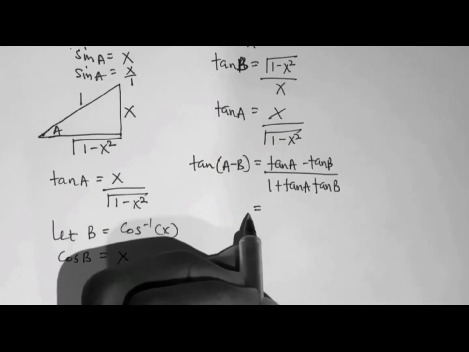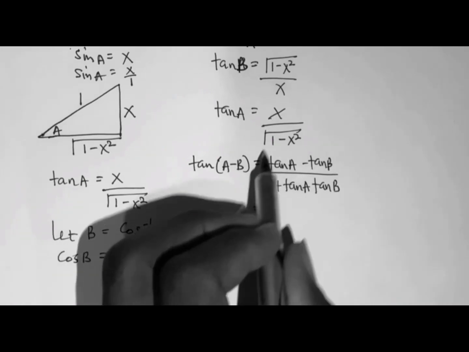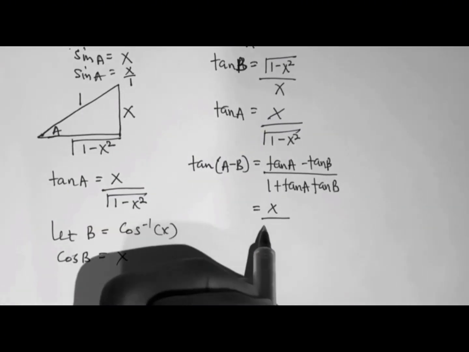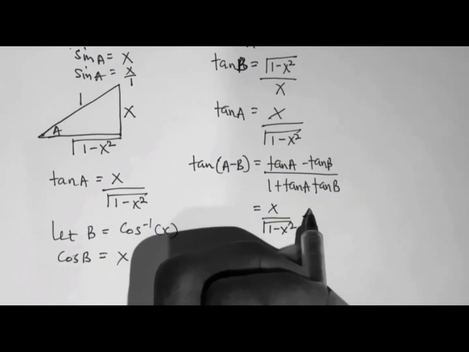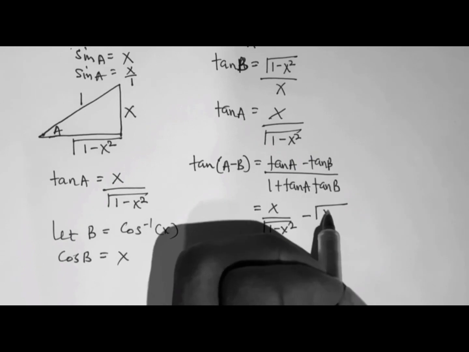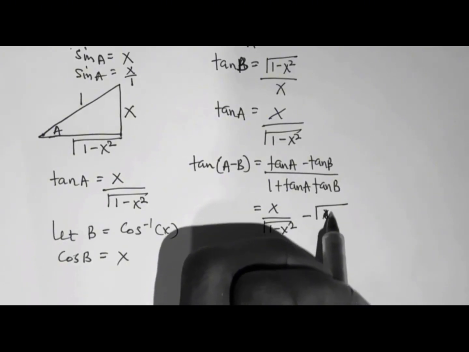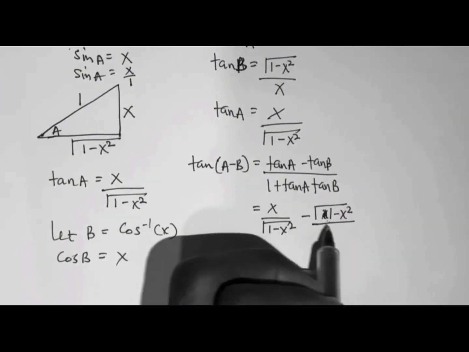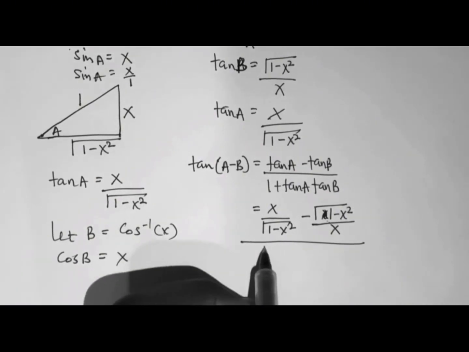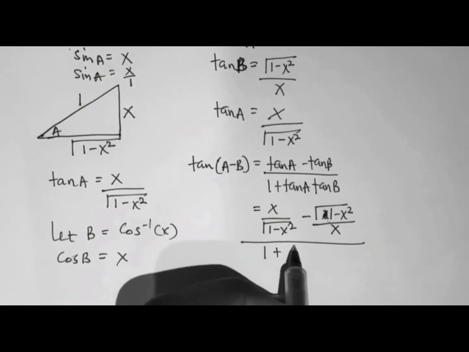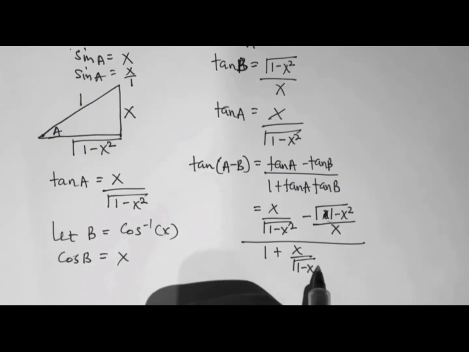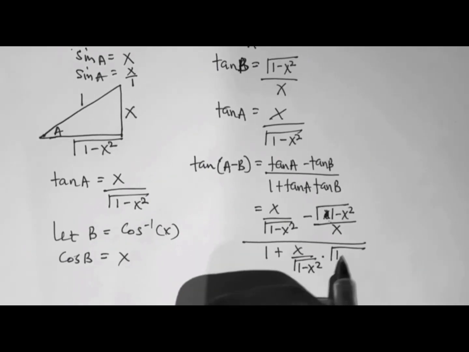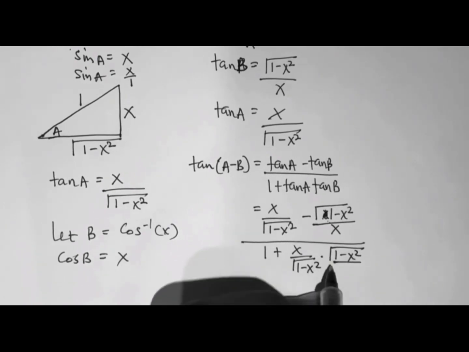So this becomes tan a, which we got as x over square root of 1 minus x squared, minus tan b, which is square root of 1 minus x squared divided by x, all divided by 1 plus tan a, x over square root of 1 minus x squared, times tan b, which is square root of 1 minus x squared divided by x.